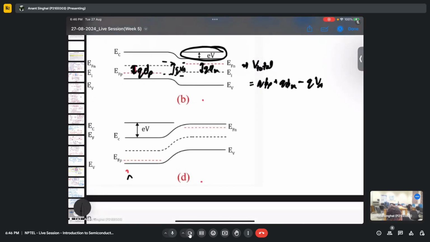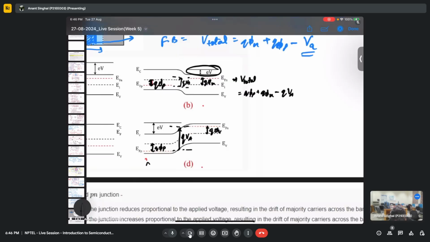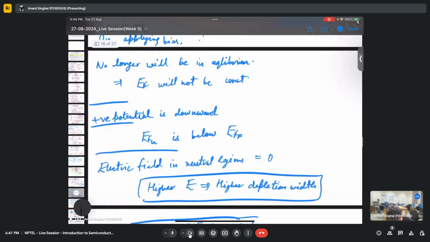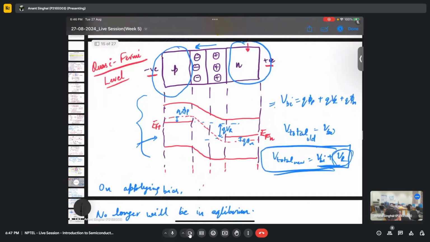And for option D, we have this Q phi N, we have this Q phi P, and the difference between these is very large, which is, oh sorry, let's say QVA. So as I told you in the previous question, the more positive the bias, it will move away from the conduction band; the more negative the bias, it will move away from the valence band.